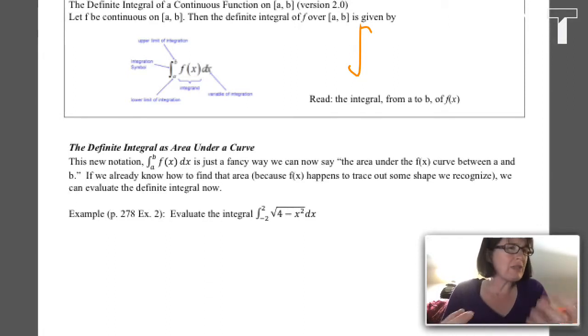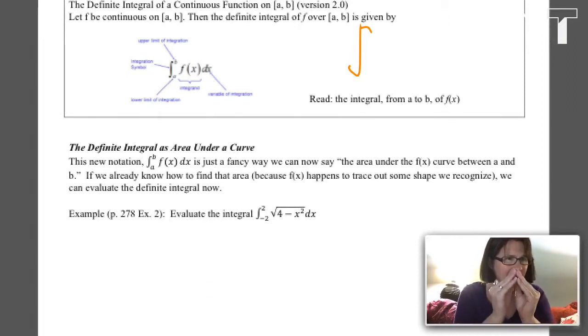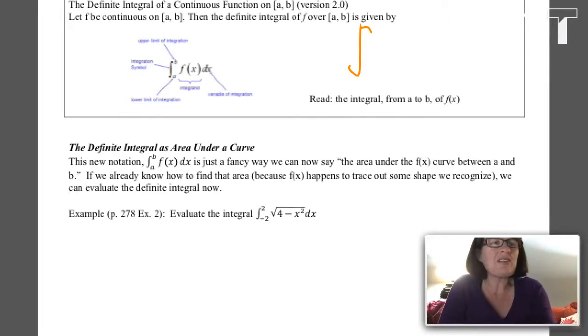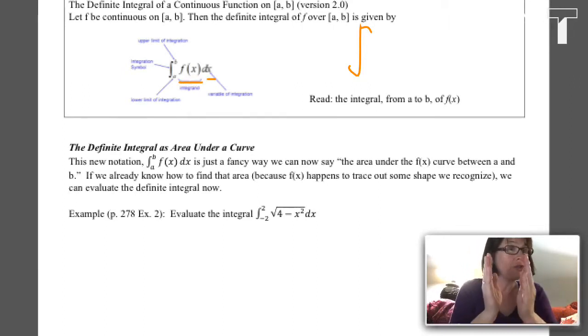This dx, you can tell where it comes from. Remember delta x in the sigma expression up top? Well, if delta x is a small change in x, dx is like saying an infinitely small change in x. So notice this is still written like height times width. Inside the integral, you should still see height times width, and that integral symbol just means I'm going to add up infinitely many of those products.